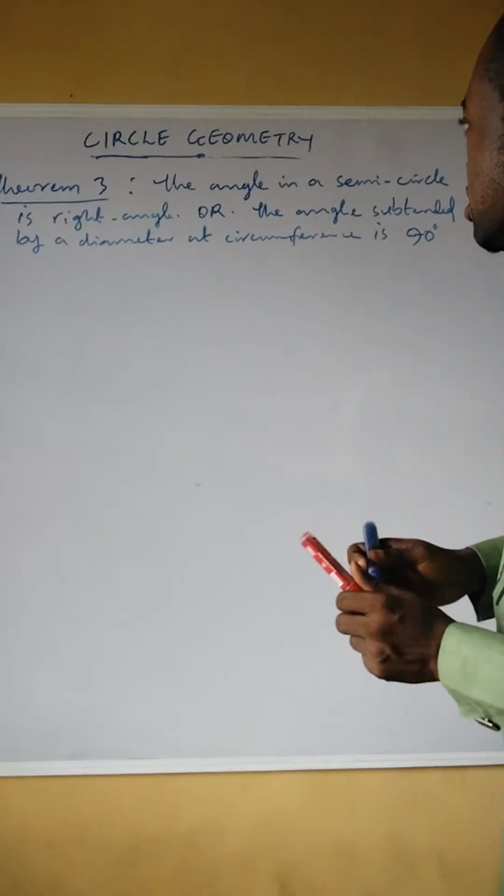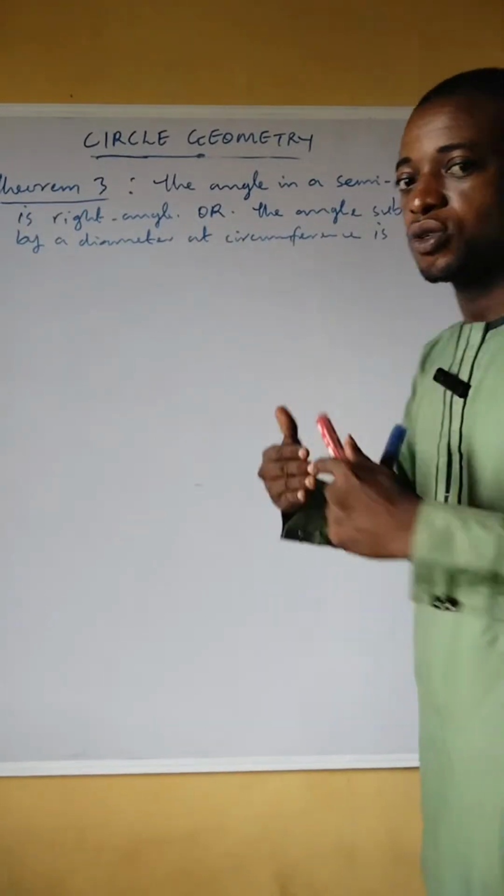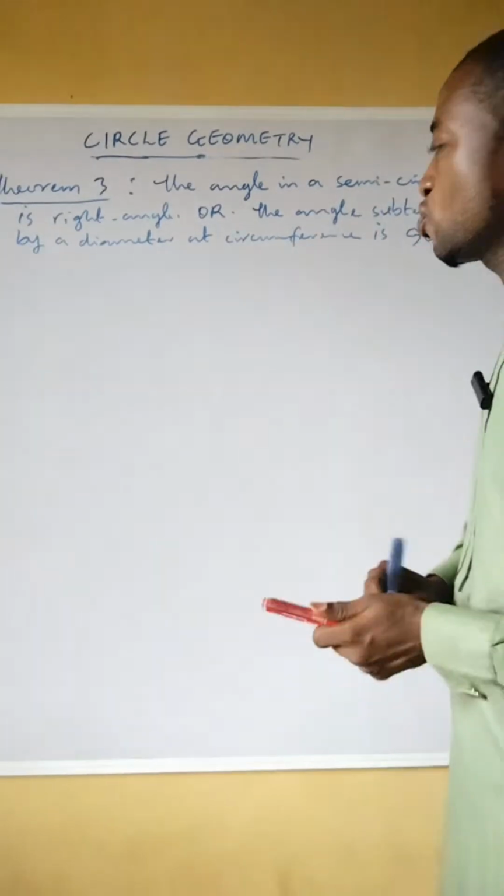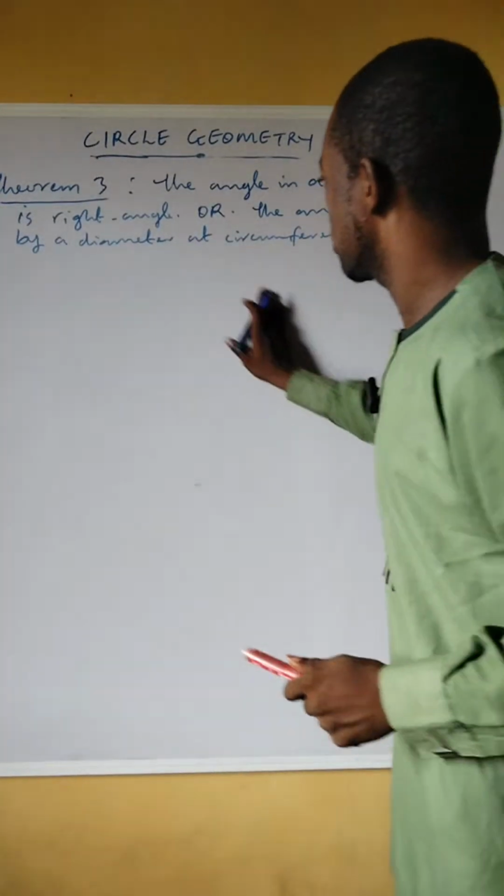Why is it a semicircle? A diameter already has divided the circle into two equal parts, which is called a semicircle.